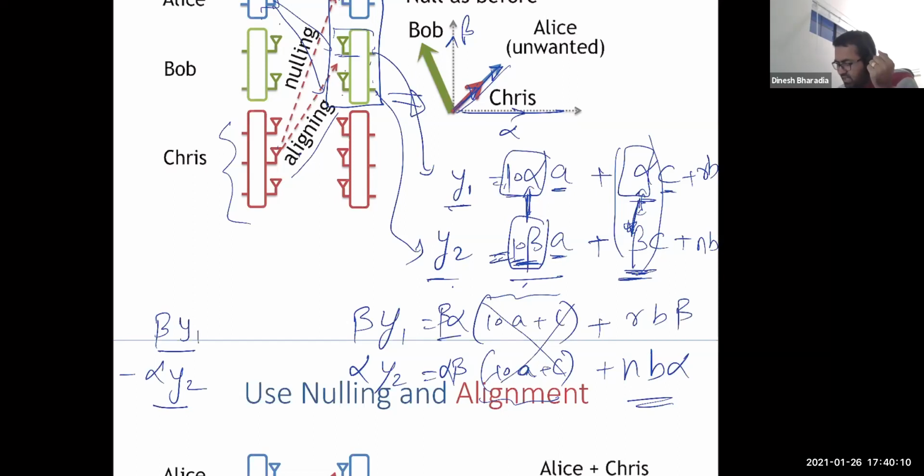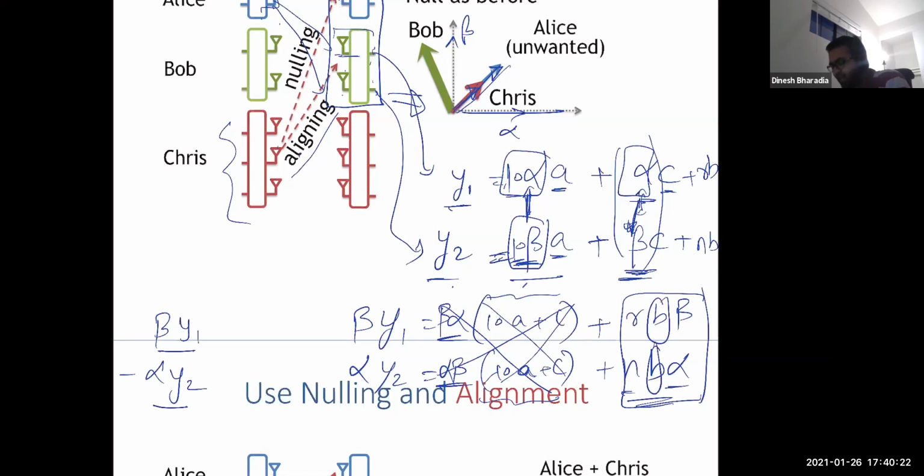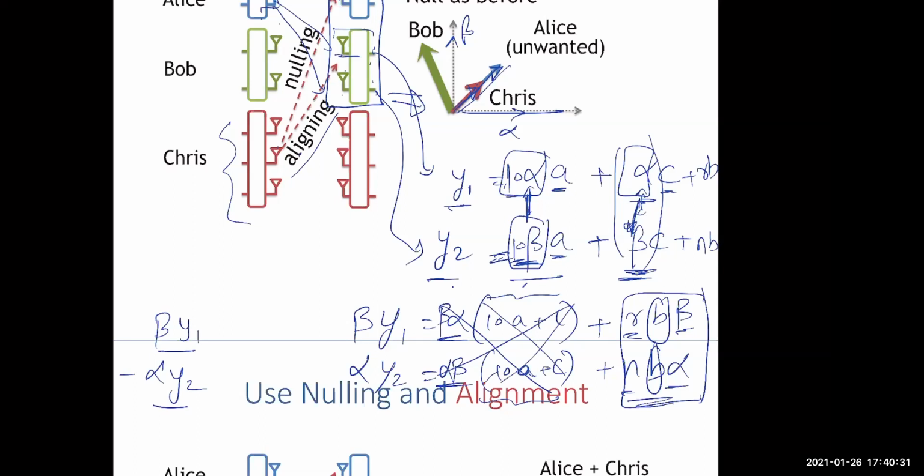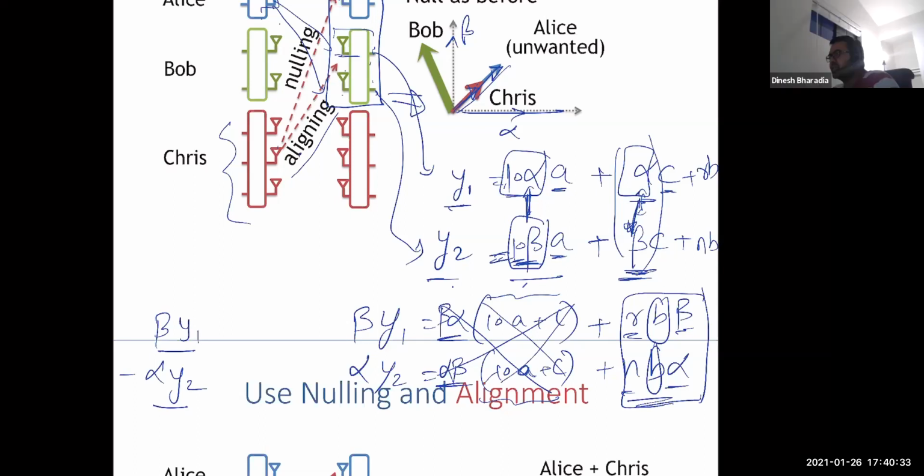These two will cancel out each other because once I subtract them, they will go away. What I will be left with is only the signal from Bob with these gains. Is this clear, Kai, or who was asking the question? Yes, it is clear to me now. But the condition really is proportionality. The channel needs to be proportional on receiver 1 and receiver 2.